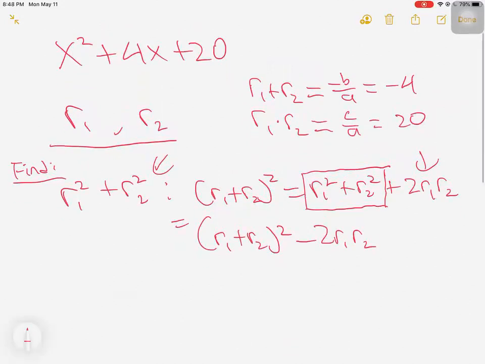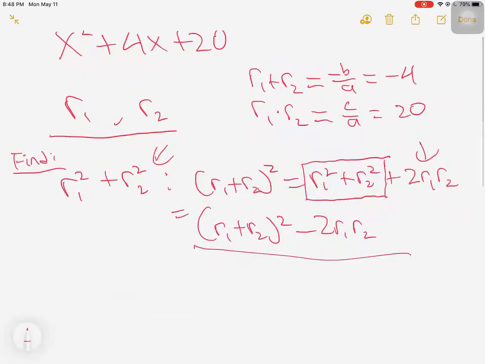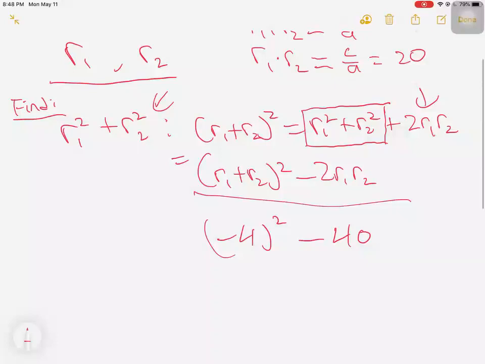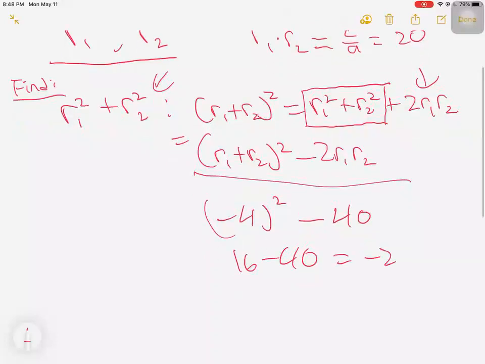So we want to find this value: negative 4 squared minus 40, which is 16 minus 40, or negative 24.